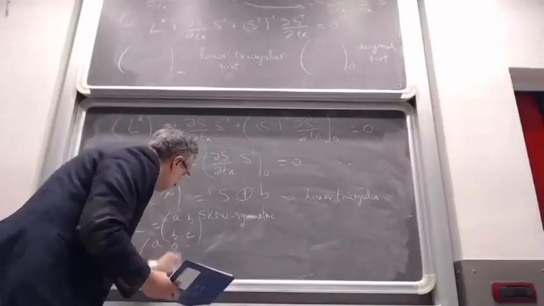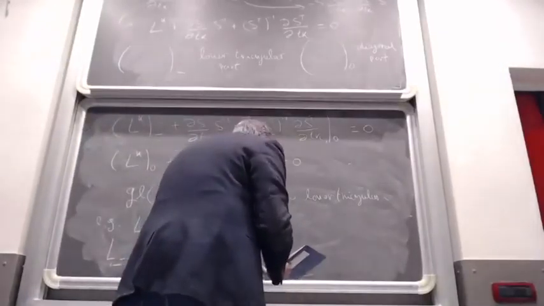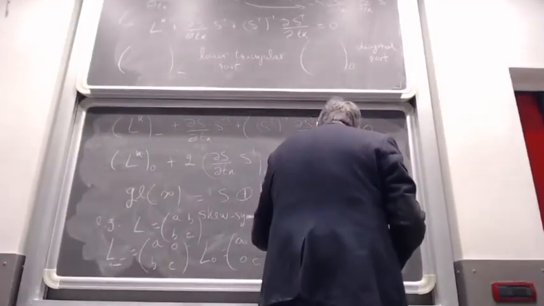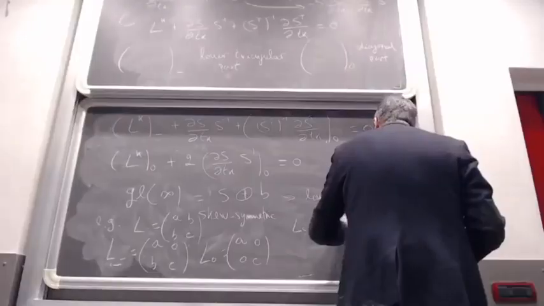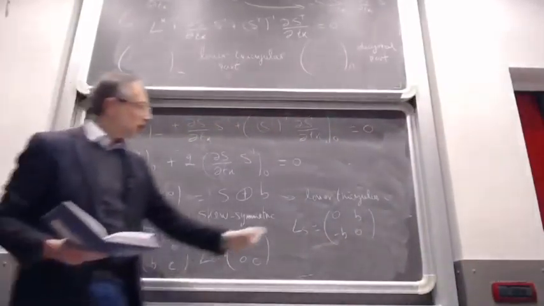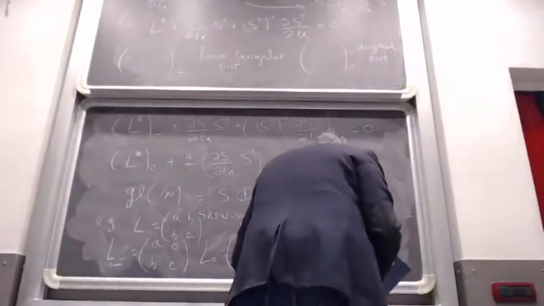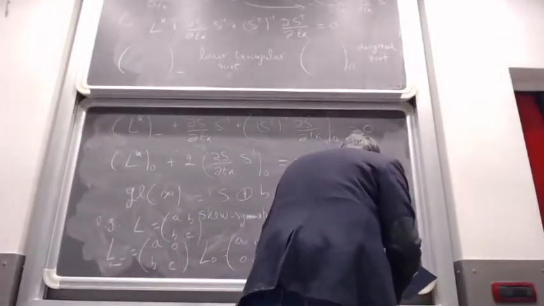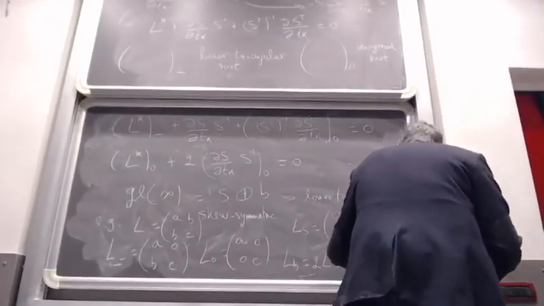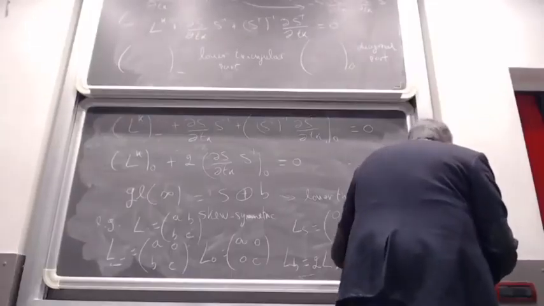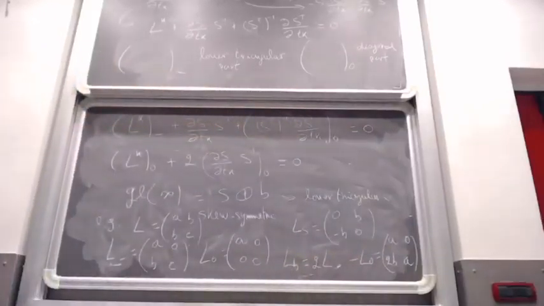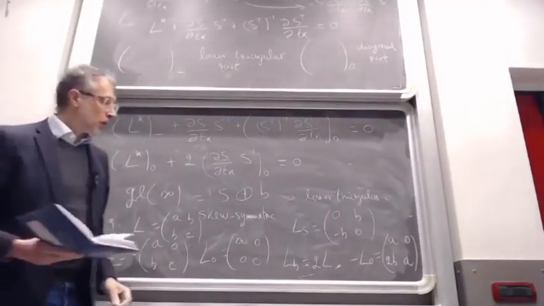L0 is A, 0, 0, C. And then LS, the skew-symmetric part, as I mentioned before, has 0 on the diagonal, B and minus B. And then LB can be written as 2 times the lower triangular part minus L0, which is A, 0, 2B, and C. So if L was a 2 by 2 matrix, this is what we would get.